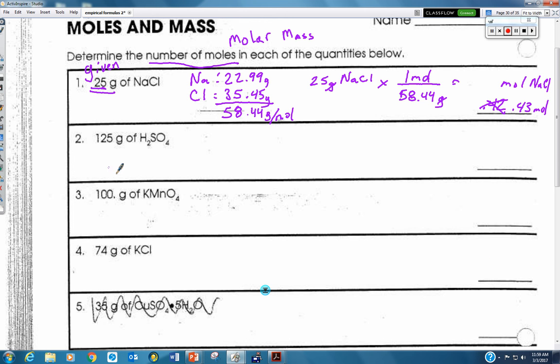All right, we'll do this with one more. Let's do it with one that has subscripts involved. We're going to look at hydrogen, which is 2 times 1.01, giving us 2.02. Sulfur, we only have one sulfur, so sulfur's atomic mass is 32.06.